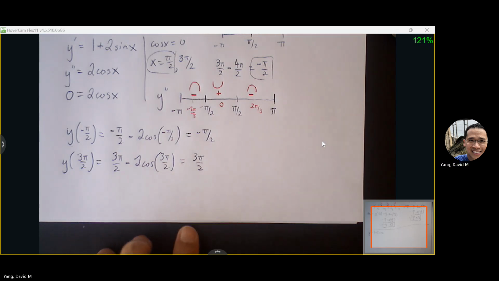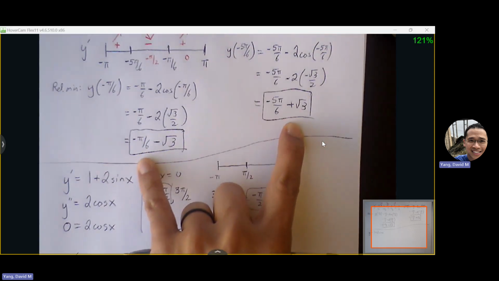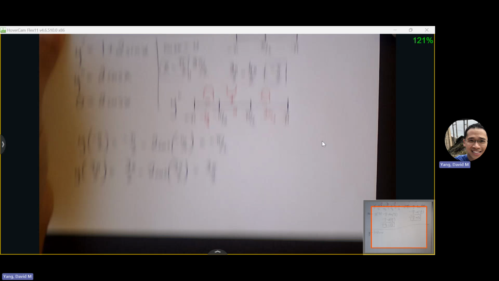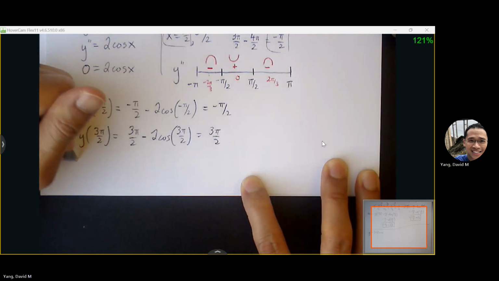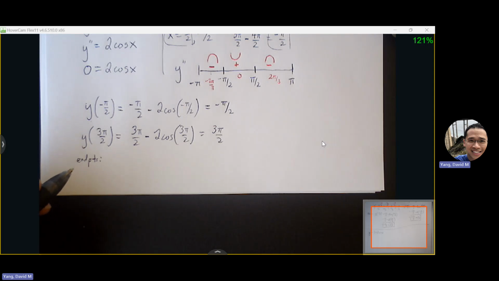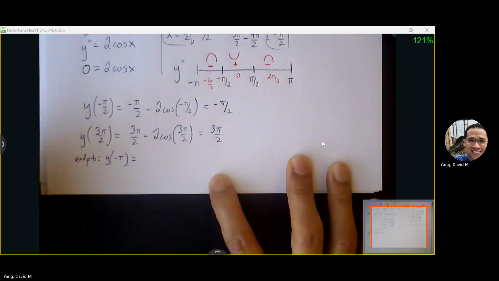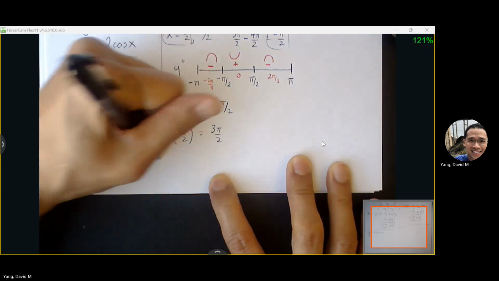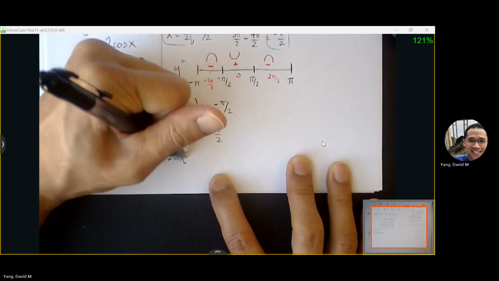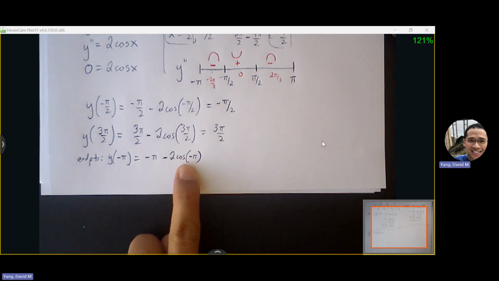So we have the most important points that we need. We have our ordered pairs at relative max, our relative min. Let's also go ahead and find the ordered pairs at the endpoints. And then we can just sketch our graph, making our calculator find all the decimal values, so we can just have an easier time plotting these points. So cosine of negative pi, same thing as cosine of pi.